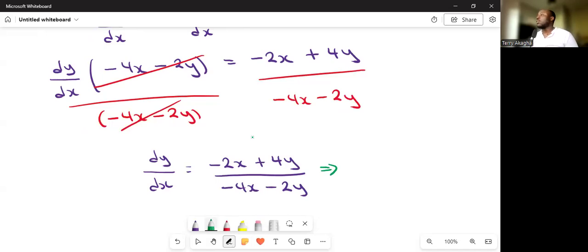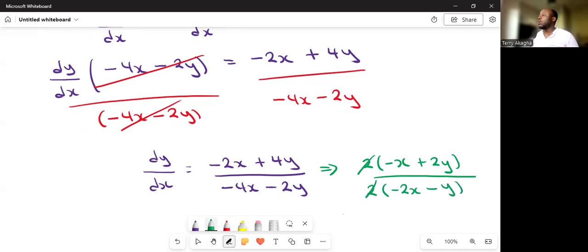The common factor there is 2, and you have minus x plus 2y, divided by the common factor, there's also 2, and you're left with minus 2x minus y. Then the 2s cancel. So you then have minus x plus 2y, all divided by minus 2x minus y. Okay, and that will be the answer for that.